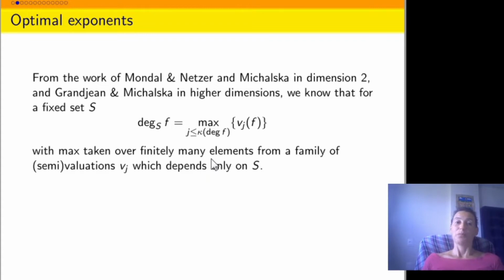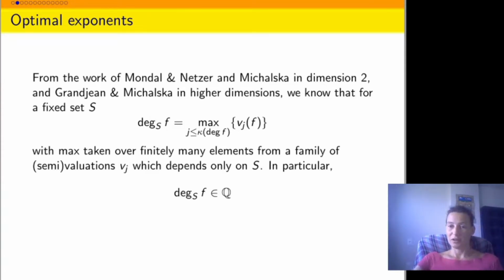The maximum is taken over finitely many elements of a family of valuations, in fact semi-valuations, and this family of semi-valuations depends only on the set S, and the number depends on the degree of f. So in fact, if we have polynomials of fixed degree and the fixed set S, we have exactly a fixed number of fixed valuations such that their maximum realizes the relative degree of f.